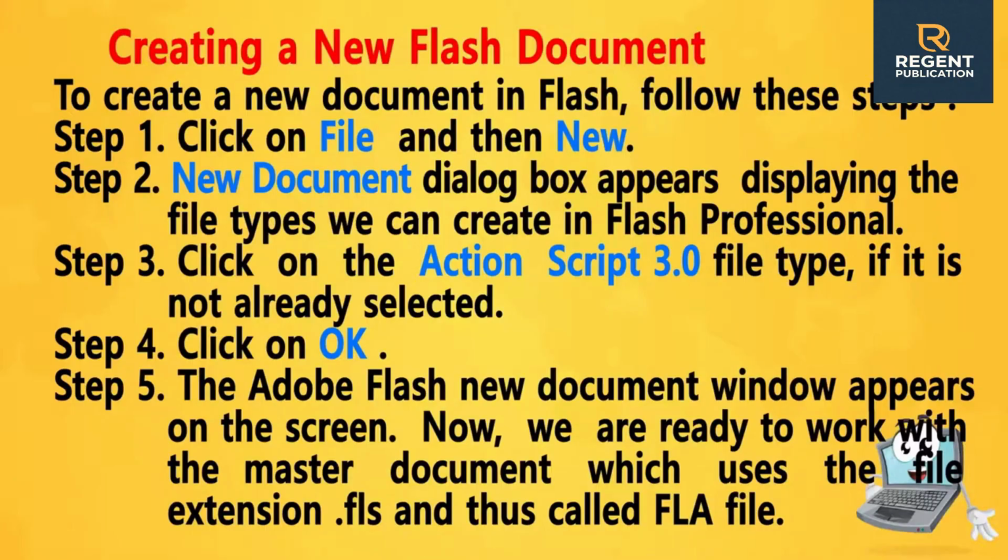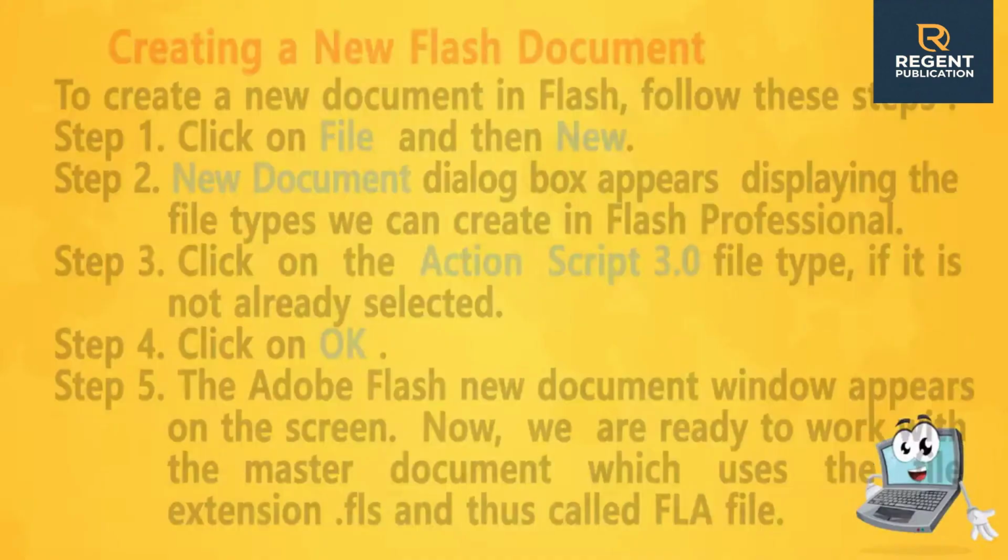Step 4. Click on OK. Step 5. The Adobe Flash New Document window appears on the screen. Now, we are ready to work with the master document, which uses the file extension .fla and thus is called an FLA file.